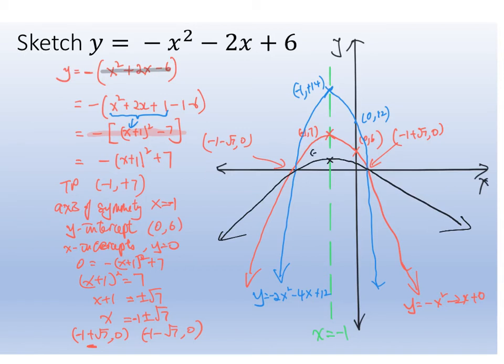So here is minus 1, 3.5, and that point here is 0, 3. And label it y equals minus x squared over 2 minus x plus 3. That's all you need to do. Again, make sure that you know one is double, one is half.